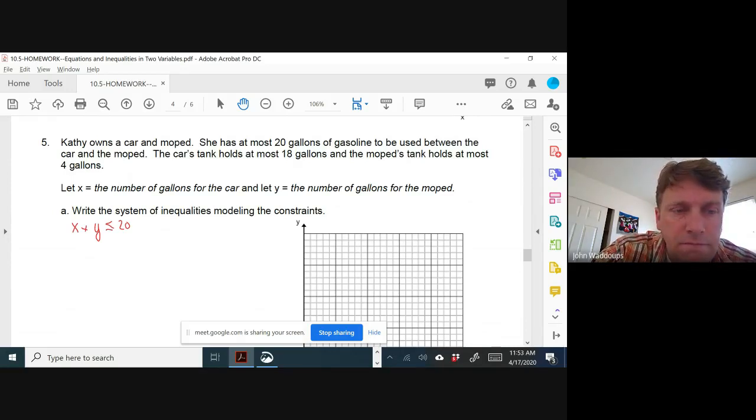And then I'm going to put that the car's tank holds at most 18 gallons. So X, the car, has to be less than or equal to 18. Y, the moped, has to be less than or equal to 4.